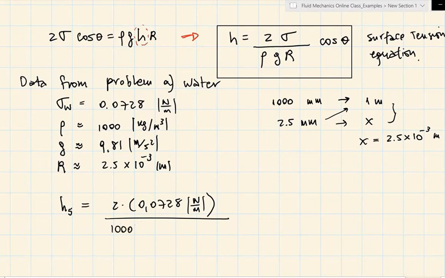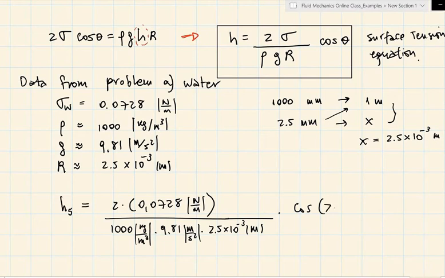Rho is 1,000 kilograms per cubic meter, times g, which is 9.81 meters per square second, times r, which is 2.5 times 10 to the minus 3 meters. And this is all multiplied by the cosine of theta.